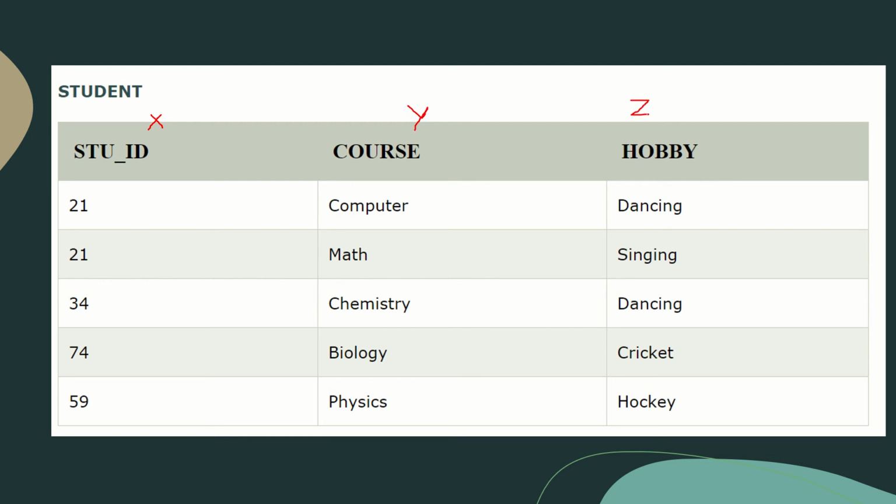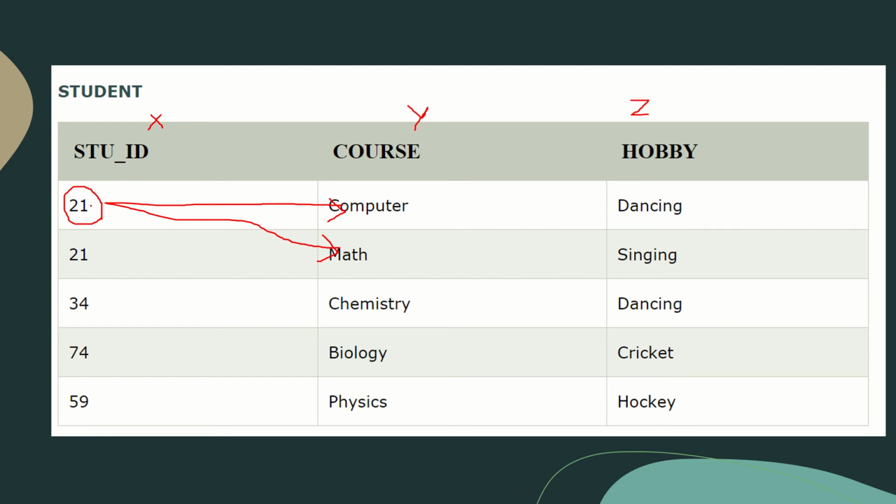Now we can check the concept of multi-value dependency. If you take one value of x, 21, here also 21, here also 21. 21 is related to two values of y, this is one value, this is another value. So one value of x is related to a set of values in y. So we are taking this attribute set as x, this as y, and this as z.